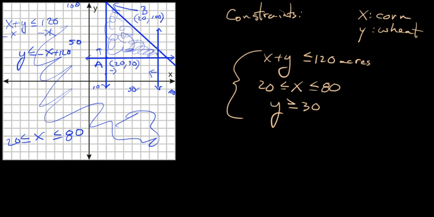And C is right here, and the coordinates for that point, let me change color so you can read it, are 80 and 40. And then D is down here, and the coordinates for D are 80 and 30. Okay, so that's point D.